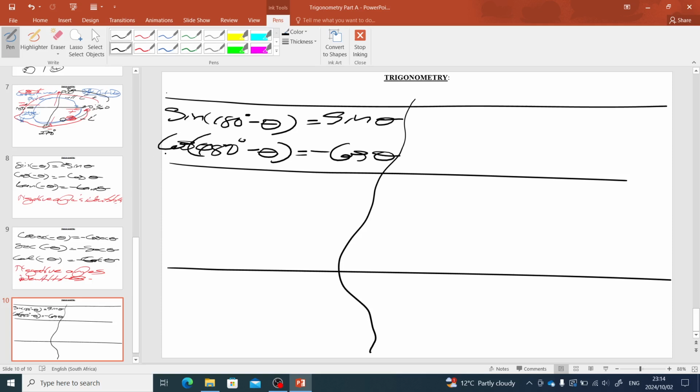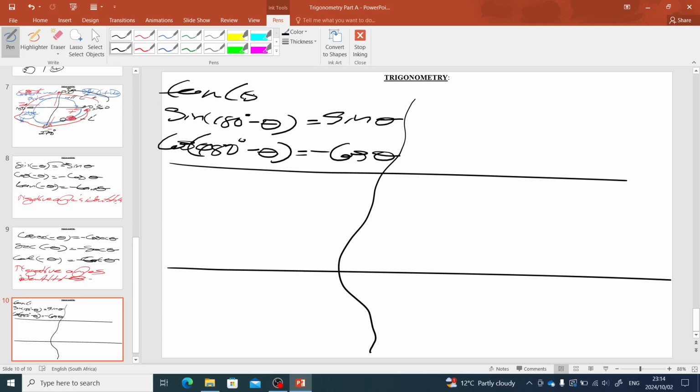This occurs on the second quadrant. Then tan of 180 degrees minus theta equals negative tan theta. Can you see that here?